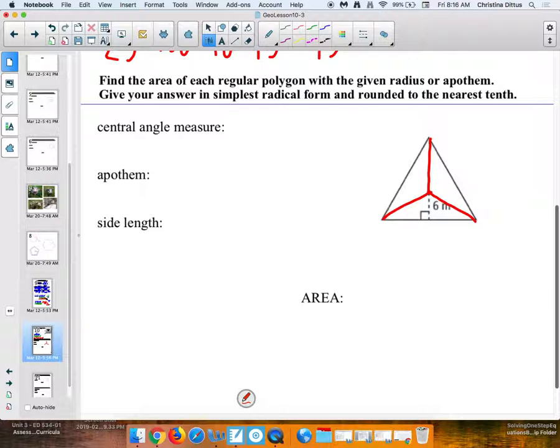So we're gonna find the area of one of those triangles, and then just times it by 3 to find the whole thing. Okay, so eventually when we get down to area, we're gonna take the area of one triangle times the number of triangles.